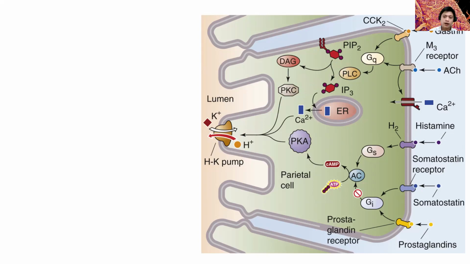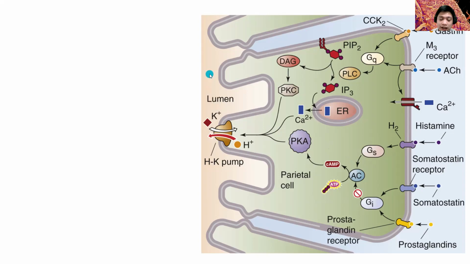So at the end of the day, you throw into the lumen proton and you absorb from the lumen potassium. So tingnan natin kung paano gumagana itong mga, kung ano man yan, no? Yung mga intracellular signaling na nangyayari.